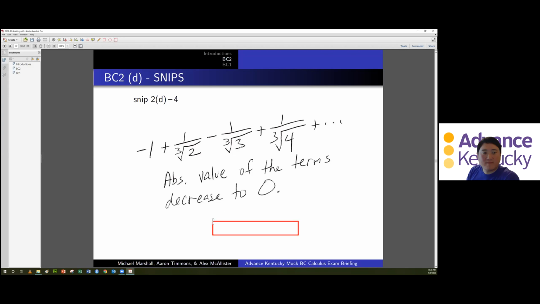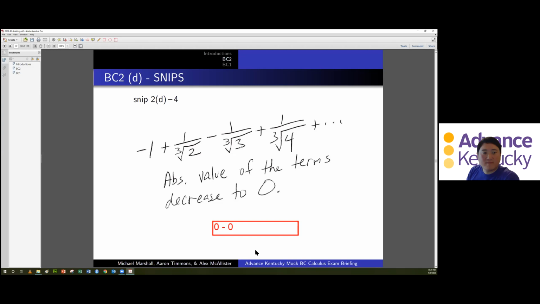They talk about the absolute value of the terms decreasing to 0, but the first thing I noticed is they did not state that the series converges. So they cannot earn the first point. And then they've also not told us that the terms are alternating. I know they've written it, but they haven't explicitly said it. So this is a very frustrating 0-0.